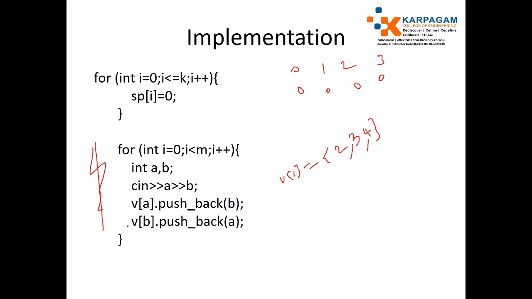In a similar way, since this is an undirected graph, in V of b also we are pushing the value 1. So V of 2 contains the value 1.